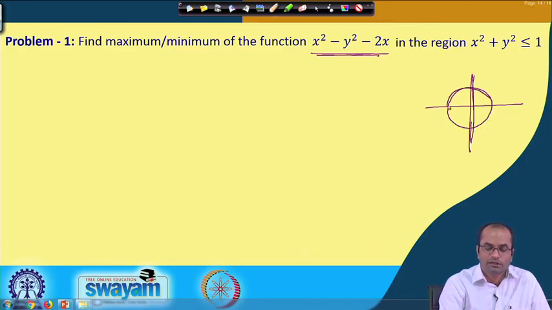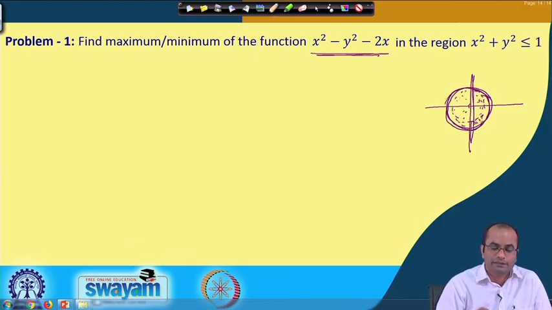So, we are talking about this disk including the boundaries, including the circle here. So, x, y are restricted only within this domain. So, there is a restriction on x, y, and this is a problem with a constraint.